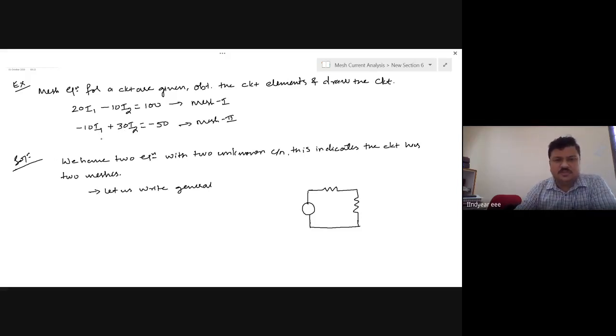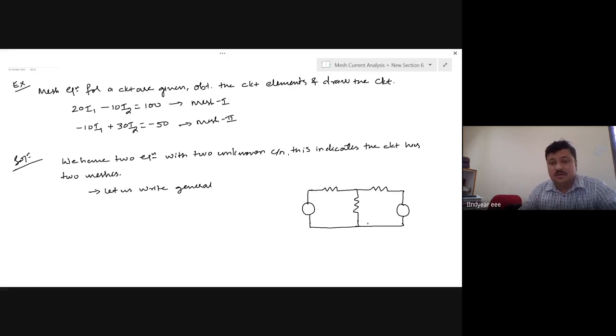Definitely there is one more series element in mesh 2. Now on the RHS of mesh 2, some voltage value is there. It means that there is some voltage source in mesh 2. So this is the circuit.